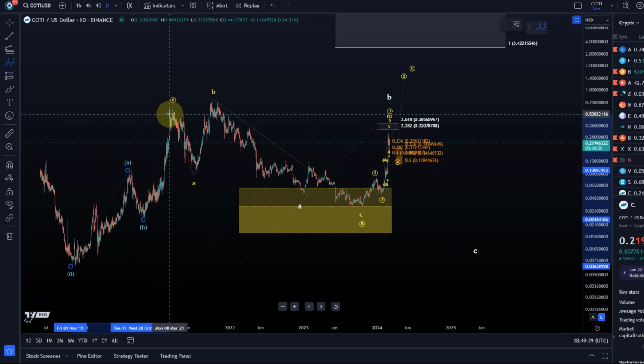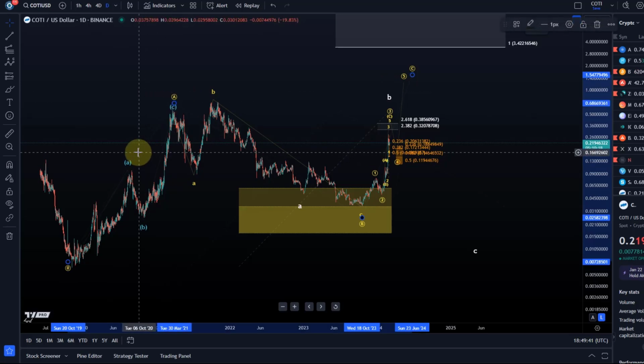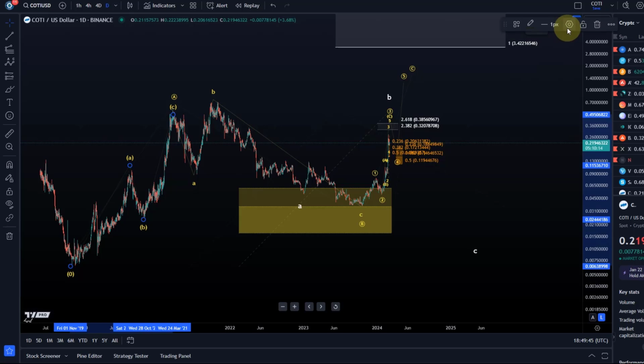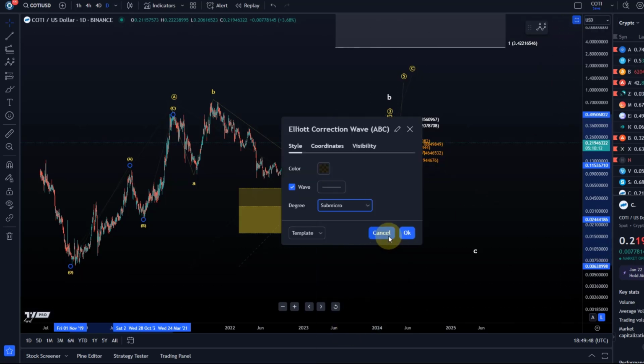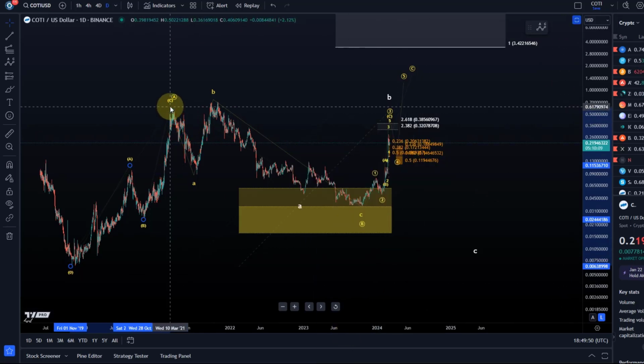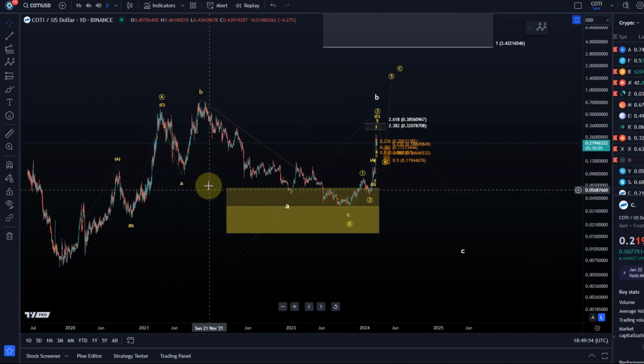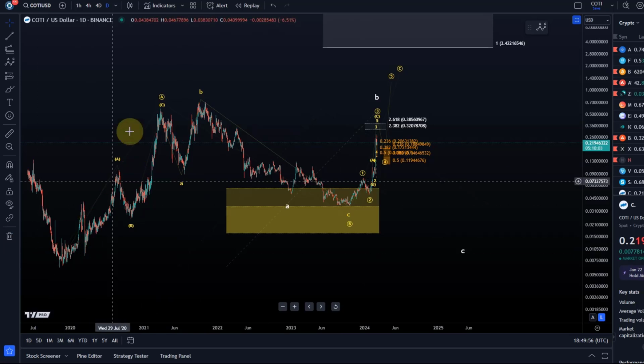A, B, C of wave A. So therefore I call it an A wave. There's a slight chance it's something more bullish, but it's a perfect 3-wave move. And then we have a 3-wave move down in ABC, so an AB setup.